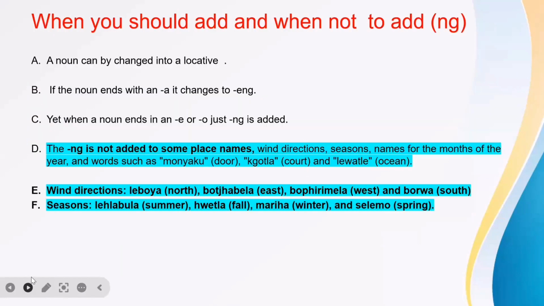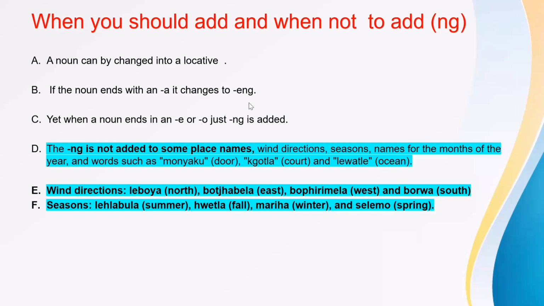Okay, we've got instructions here that are going to help you. Firstly, just always remember that any noun can be changed into a locative, meaning that any noun, you can change it to a location by adding an ng. However, there are some exceptions.